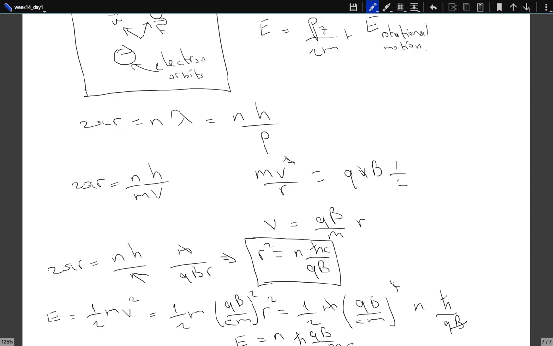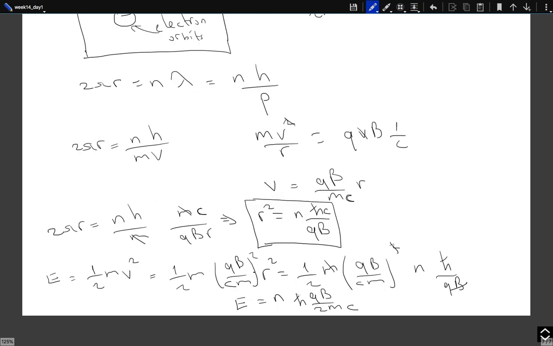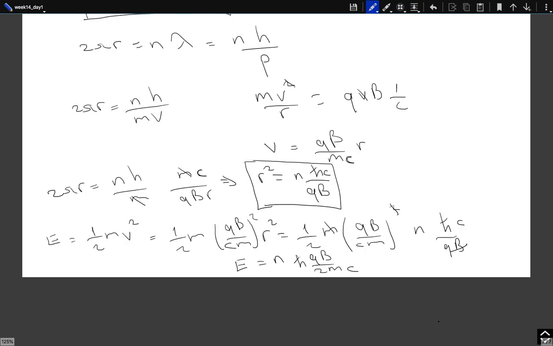V has a c over here. R in r squared, so here there is a c. R squared is this one, so in r squared there is also another c. There's another c over here, so that also cancels one of these c's.